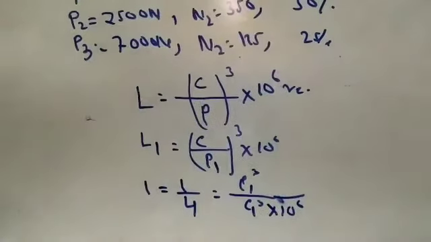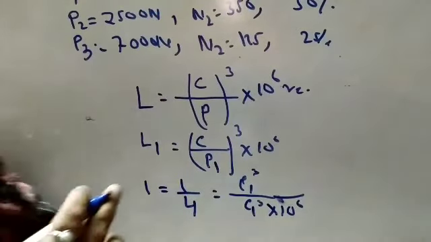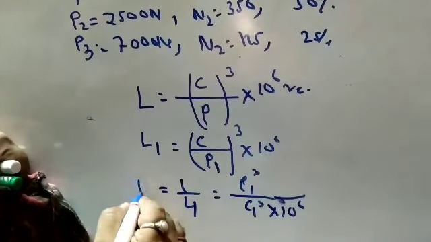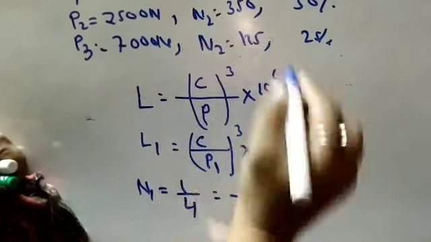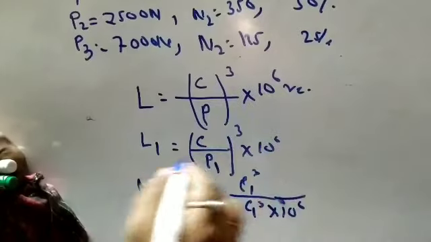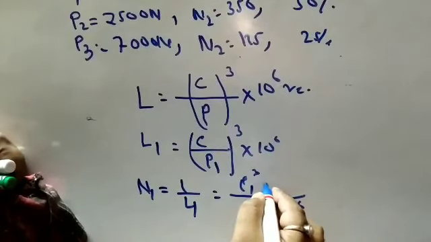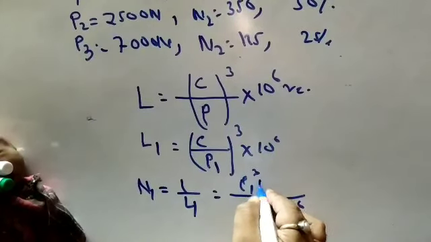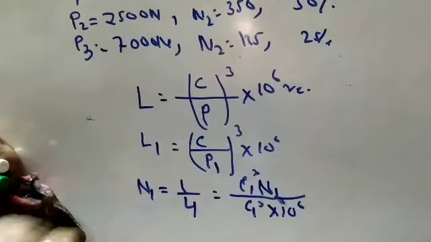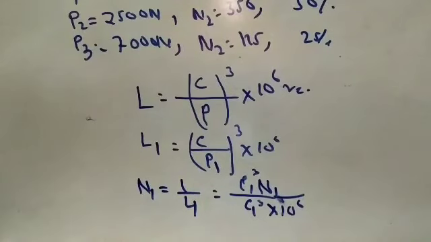This is the life consumed per revolution. If the load is acting for n1 revolutions, when the speed is n1 rpm, then the life consumed should be n1 times this value.